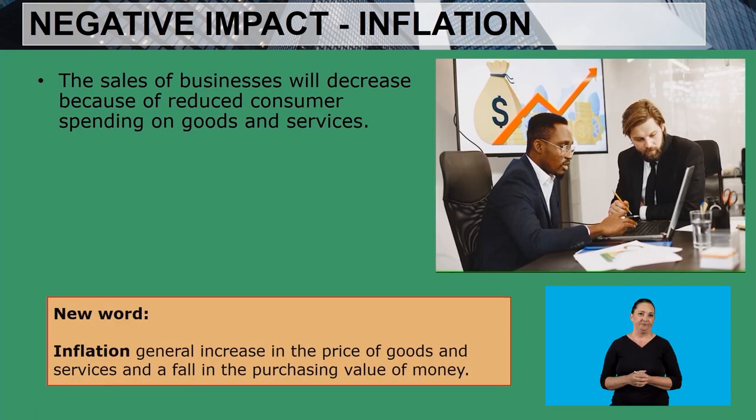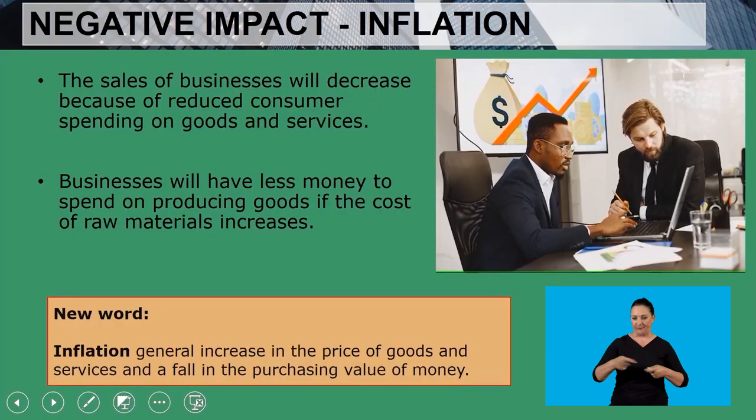So inflation, the general increase of prices of goods and services, does not only affect businesses, it also affects consumers, because now they'll have less buying power because of the increase in the prices of goods and services.